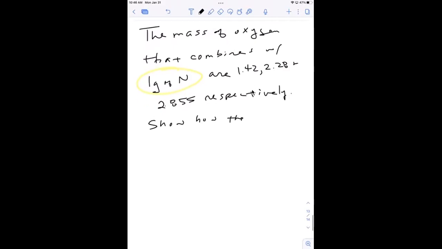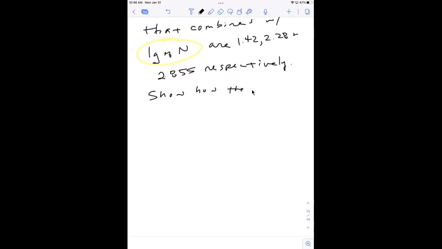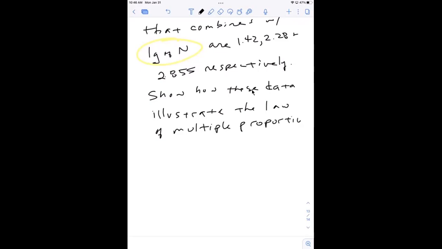So that's what we're trying to do: show how they illustrate the law of multiple proportions.